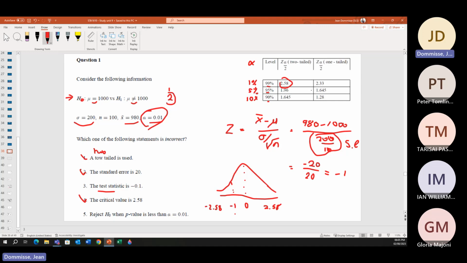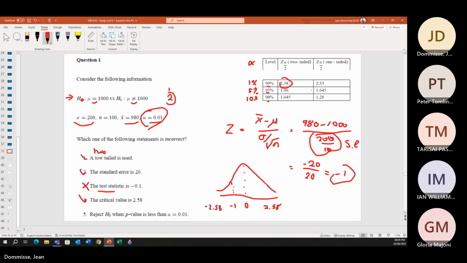Okay, so your t-stat that you calculated is minus 1, and the t-stat that they're telling us is the answer is minus 0.1, so that t-stat is the one that is wrong.